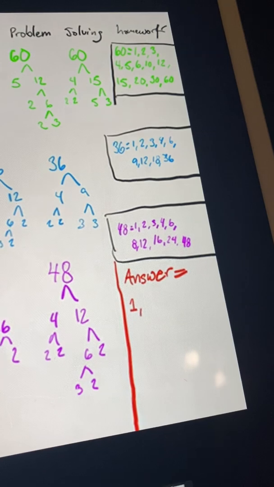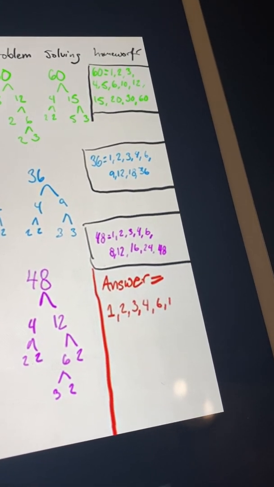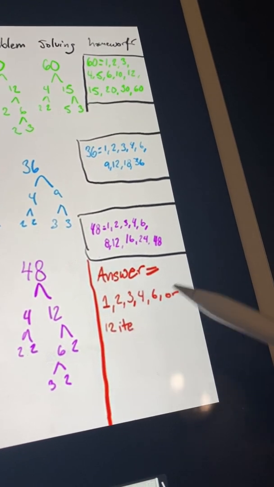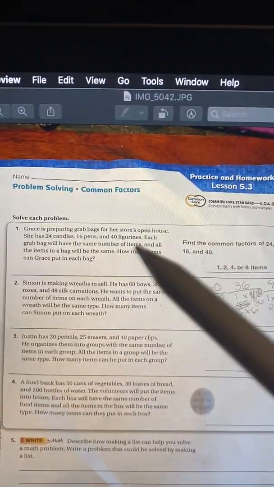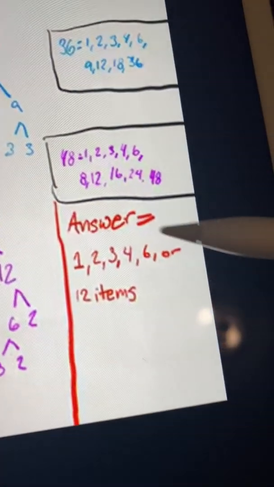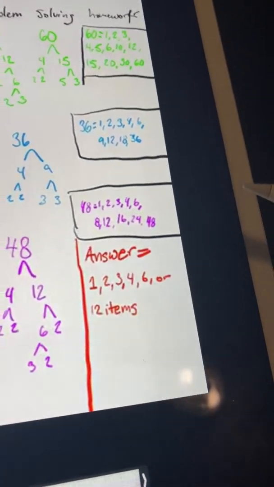So of course 1, 2, 3, 4, 6, or 12, and 12 would be your answer. And since the question says something about how many items, it's talking about items, so this would be your answer. 1, 2, 3, 4, 6, or 12 items.